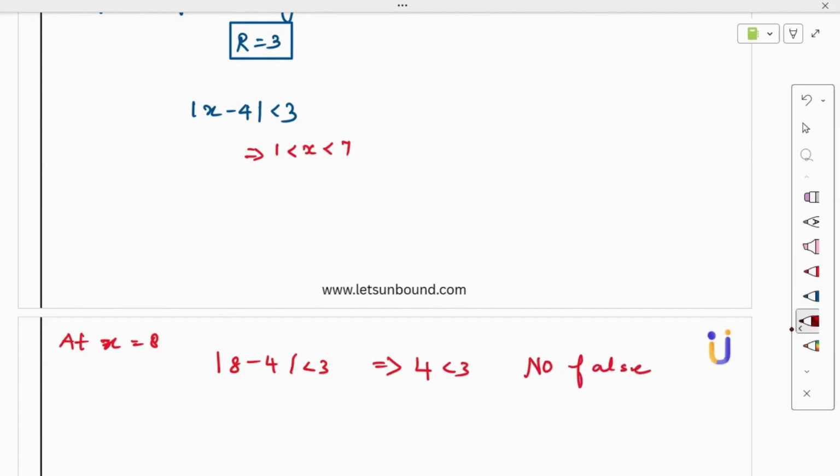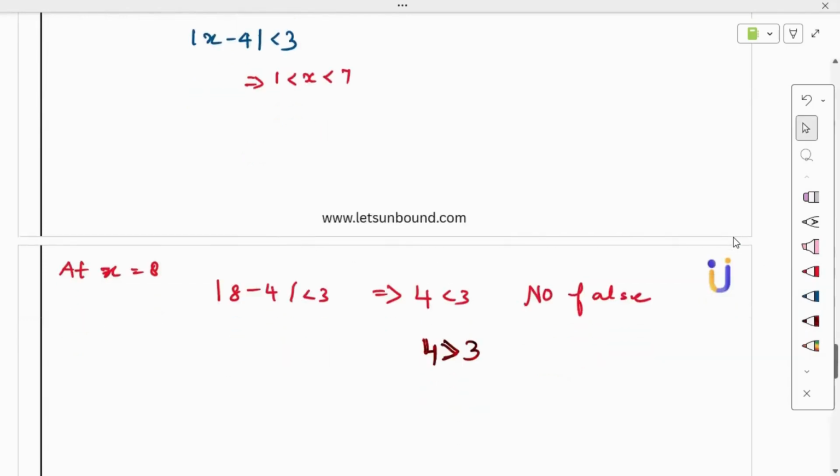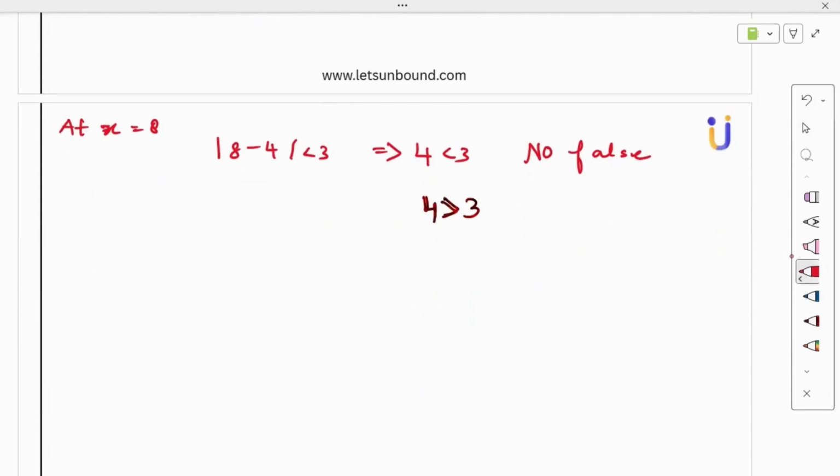So what does it say? Actually 4 is greater than 3. If your value is greater than the radius of convergence, it means x is equal to 8 lies outside the radius.